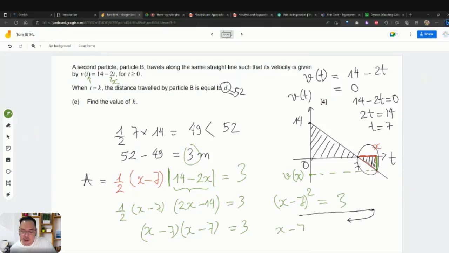Therefore x minus 7 is the square root of 3, so x is 7 plus the square root of 3. This is the solution. Find the value of k: the time is k, so please replace the letter x by the letter k.